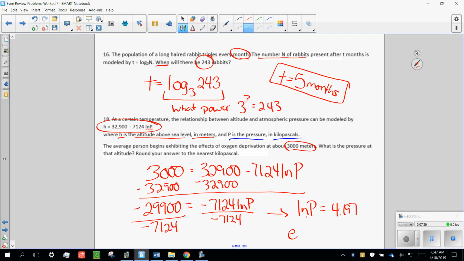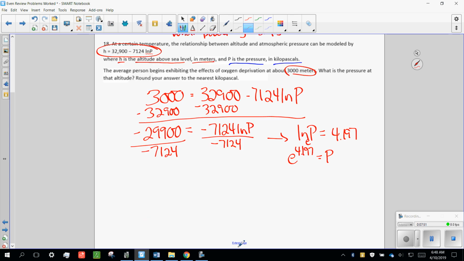Whatever the base is always the base. The natural log has a base of e. So e to the 4.197 power is p. So what is p? Do e to that power, and we get that the pressure is about, let's see, round your answer to the nearest kilopascal.